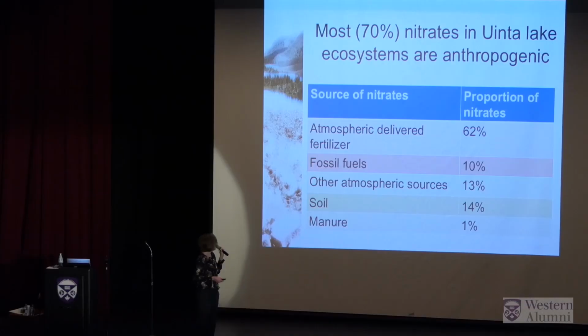So 62% come from atmospherically delivered fertilizer, 10% come from fossil fuel combustion, and the remaining come from other atmospheric sources, soil, and a tiny bit from manure. So this corroborates our story from limnology that atmospheric nitrogen is impacting these sites.